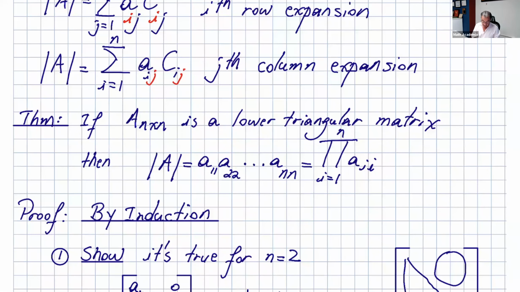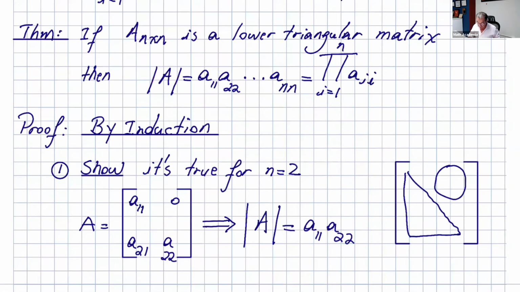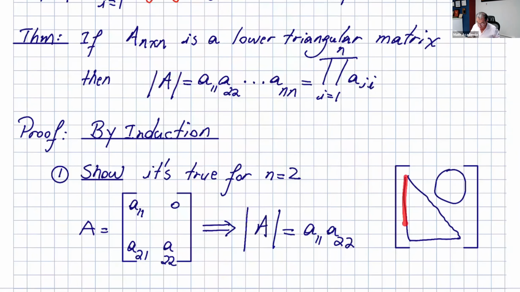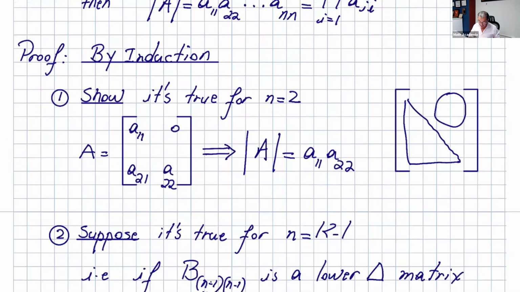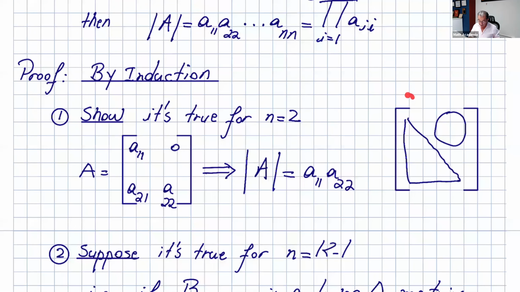Next, if A is an n by n lower triangular matrix. What's the meaning of a lower triangular matrix? Lower triangular matrix means you have numbers here, including the diagonal, and the entries of the top triangle are all zeros. An upper triangular matrix is exactly like this, but the other way around.